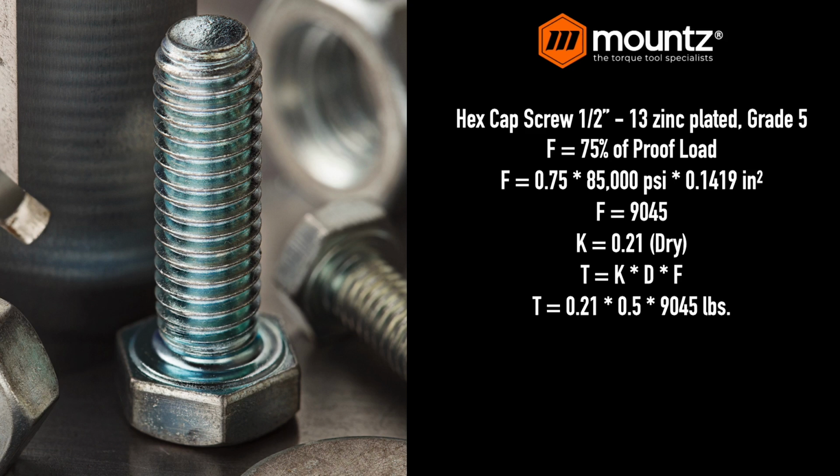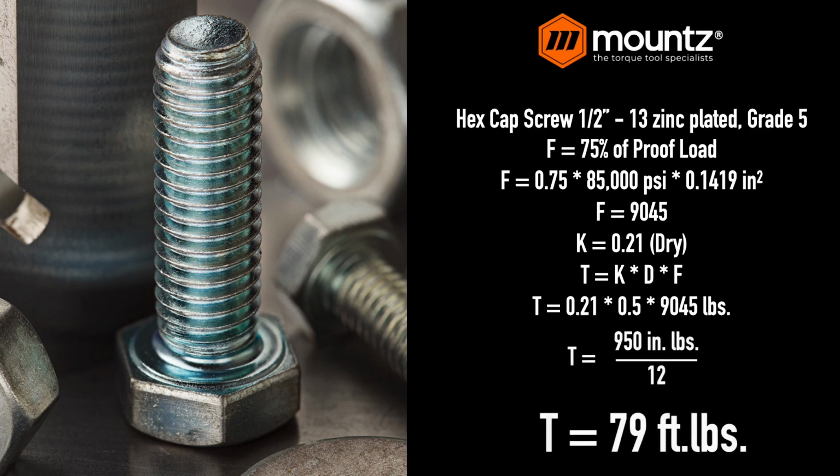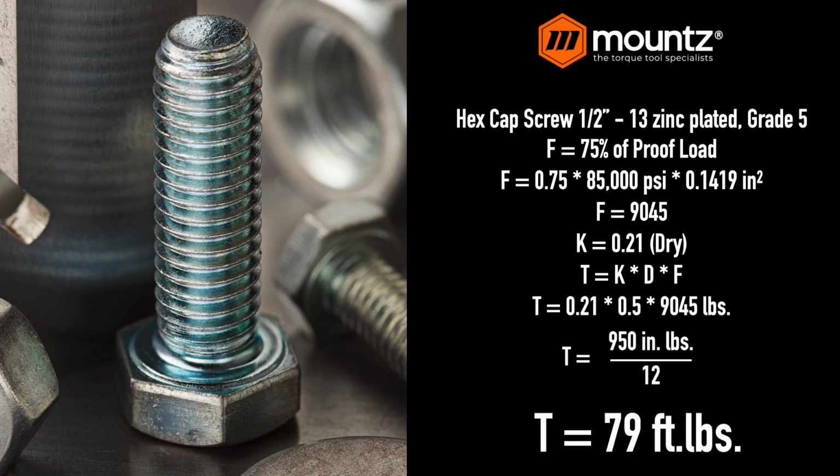Then we would multiply our K-nut factor to that value, and then multiply by the diameter of the fastener. After we calculate all of that, that puts us at 950 inch-pounds. If we divide that by 12, that's going to equal a torque of 79 foot-pounds for that particular fastener, creating that amount of force.